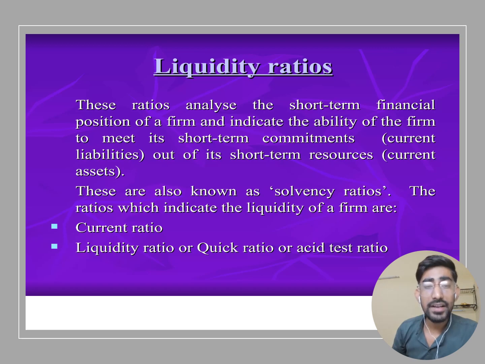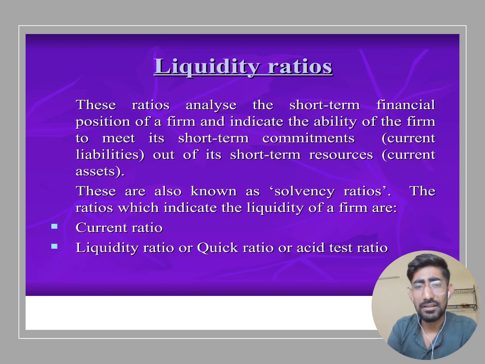For your better understanding, I would like to indicate one thing. Another name of liquidity ratio is quick ratio and acid test ratio, and there is one more ratio that is also calculated in the liquidity ratio section, that is absolute liquidity ratio. But these are the two most important and famous ratios that are used to calculate the liquidity of the firm, that is current ratio and liquid ratio.